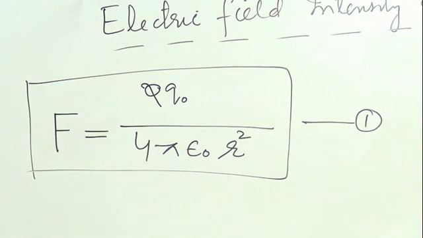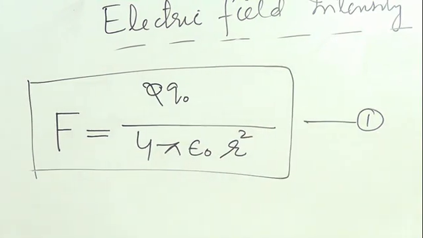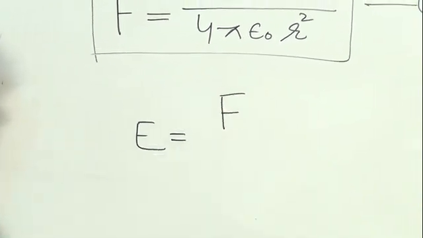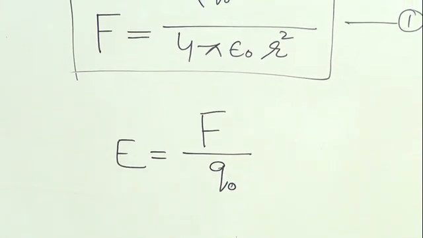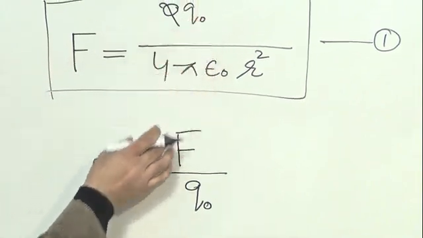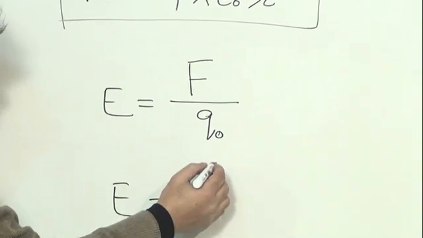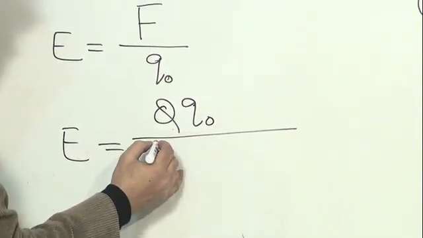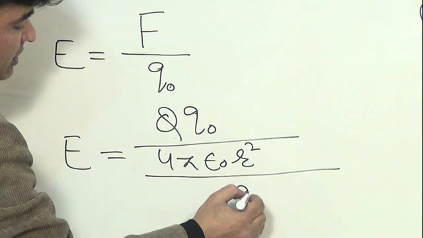Now, by the definition of electric field intensity, the electric field intensity at point P is the force experienced by the test charge divided by the test charge. Let us substitute the value of force from equation first in this expression. Then we get, instead of F, Q Q naught by 4 pi epsilon naught R square, whole divided by Q naught.